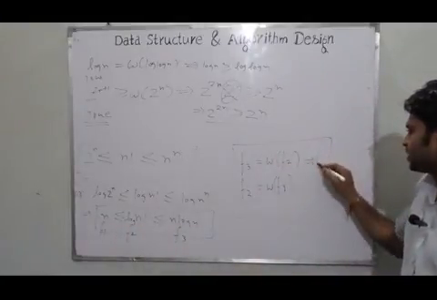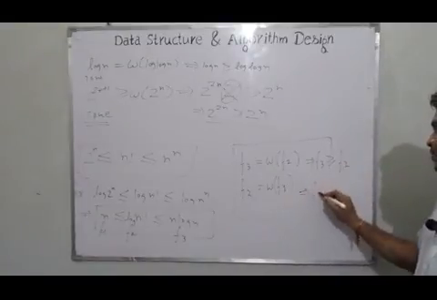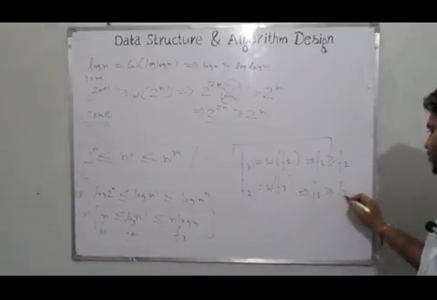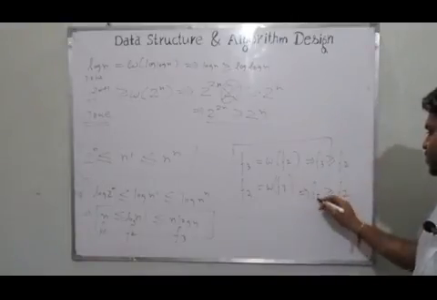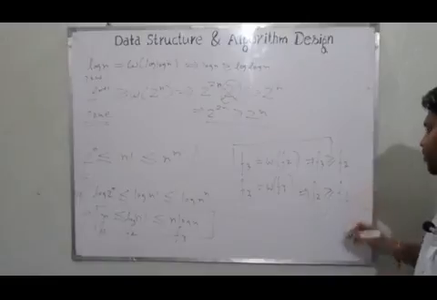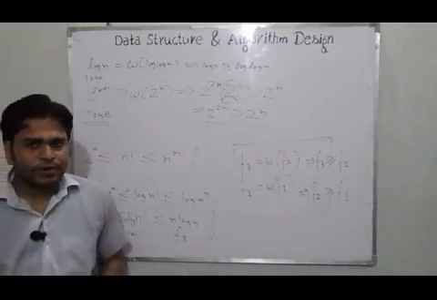This implies that f3 is always greater than or equal to f2, and f2 is always greater than or equal to f1. So that is the basic idea from the big omega asymptotic notation.